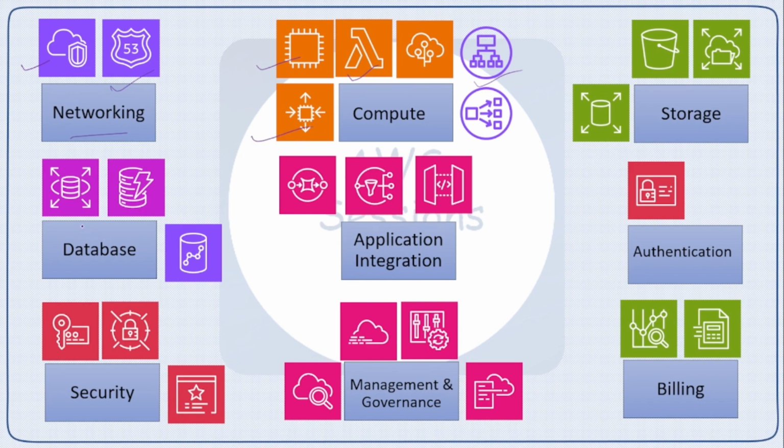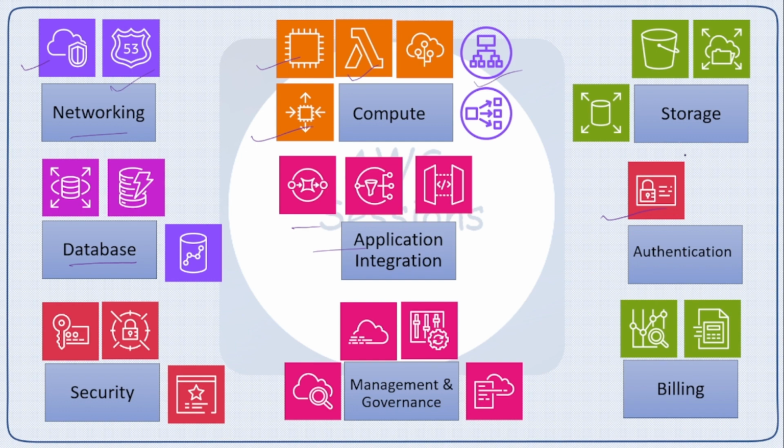We'll cover RDS, relational database, and NoSQL databases. And for application integration, in case we want multiple applications to talk to each other, then we need to integrate them so that they can talk to each other asynchronously. Then we can use SQS or SNS. For authentication, we will be using IAM policies.